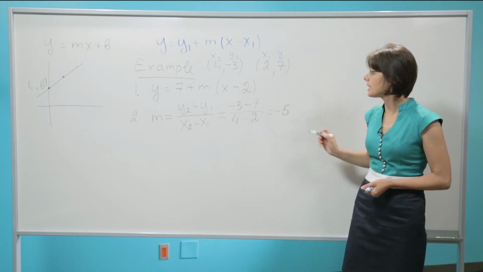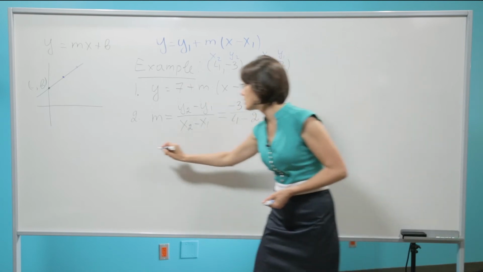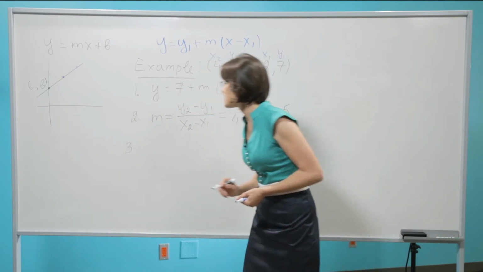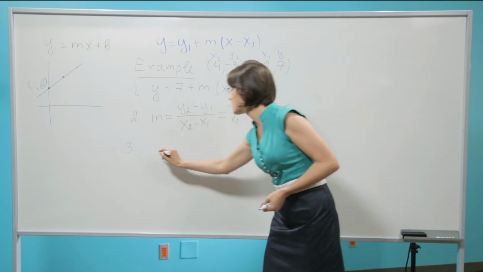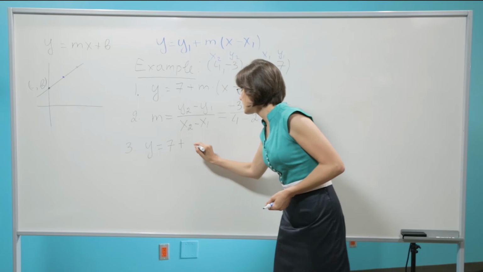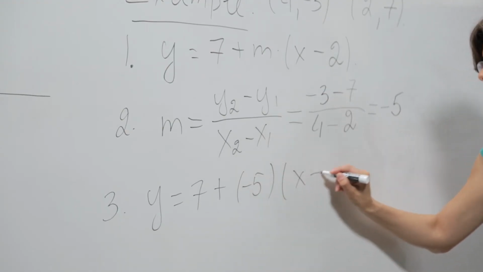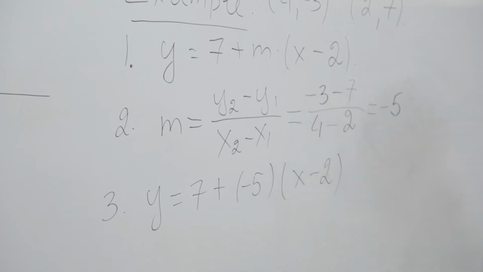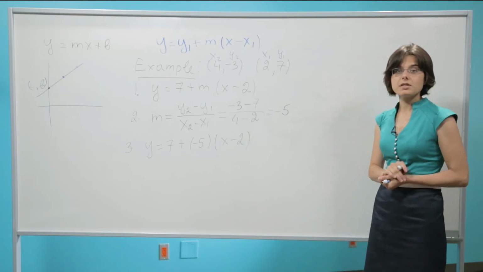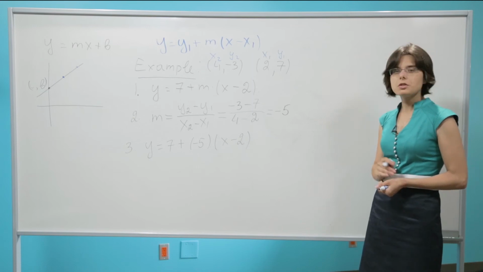Now we are ready to plug this slope into our equation from step 1. So the third step is basically plugging in everything. y equals 7 plus -5 times (x minus 2). Basically, this is a general point-slope equation, but we want to simplify it.